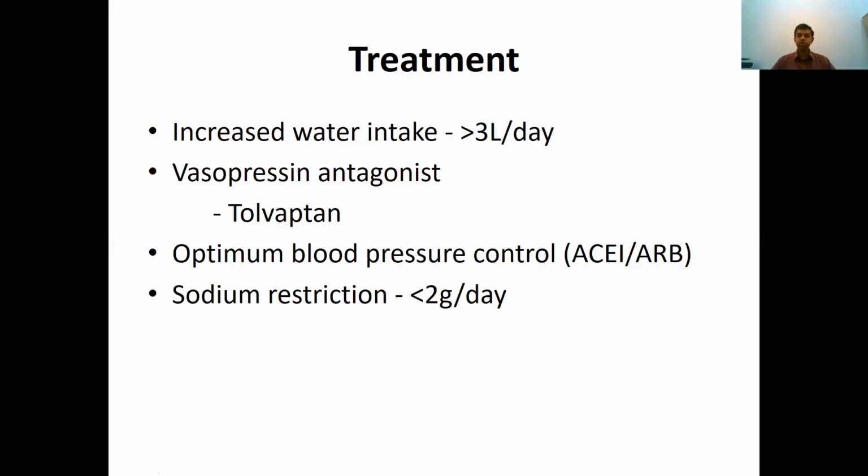They need to go on a salt-restricted diet, mainly because of the salt and water retention and the hypertension. And now we have this new medication called tolvaptan, which is a vasopressin antagonist, which is one of the main drugs now used in the management of polycystic kidney disease to control the growth and enlargement of cysts, and it's available in Sri Lanka as well.